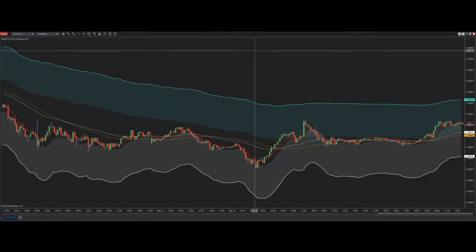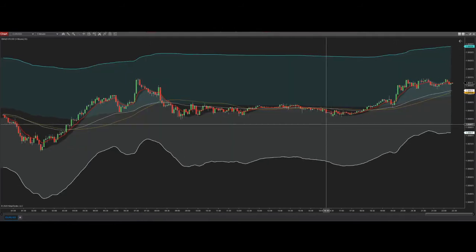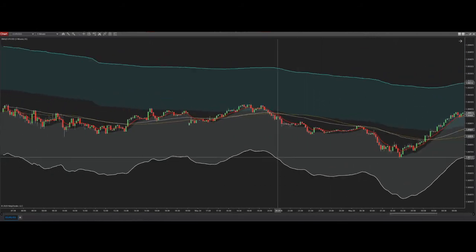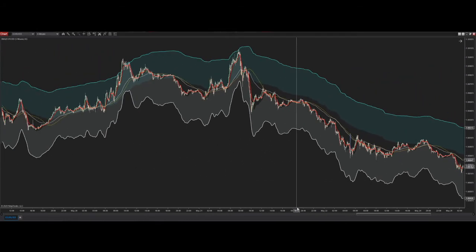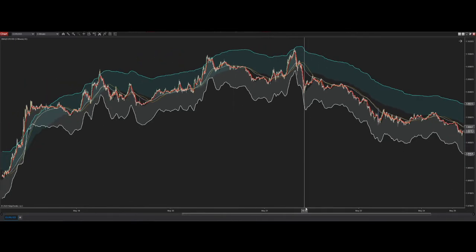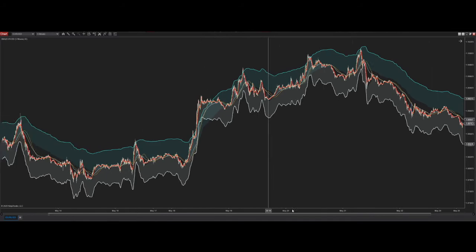Alright, and let's see this in 2 minutes, because that's at 10 minutes. So let's just take a quick look at 5. Same, the shades go up there, even on 5 they're almost touching before it's a pullback.